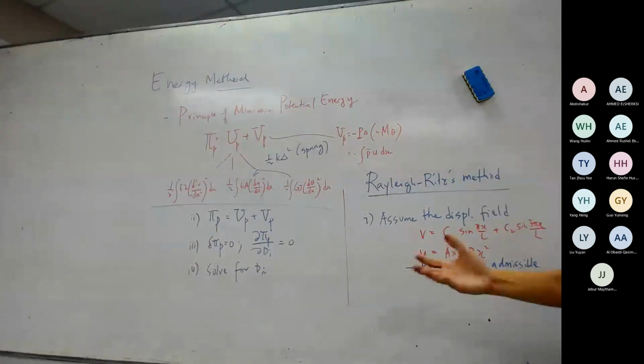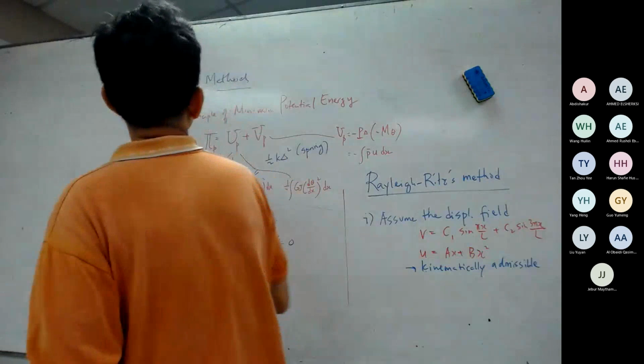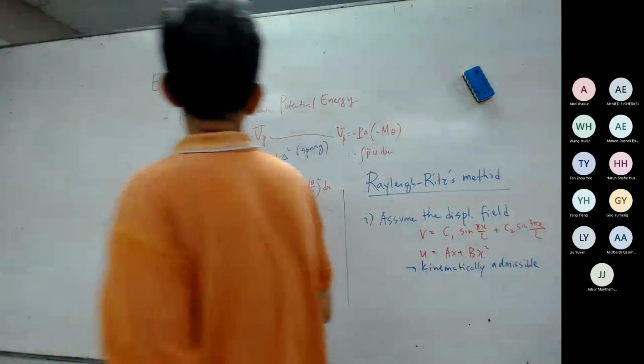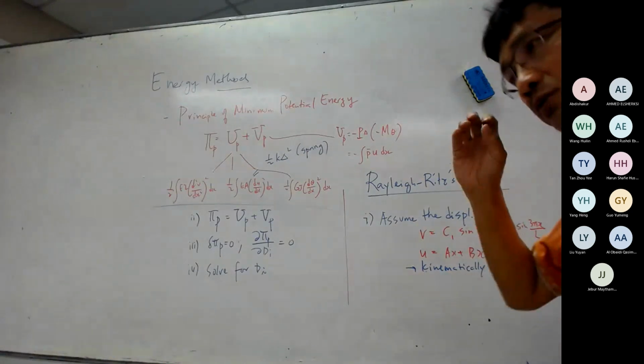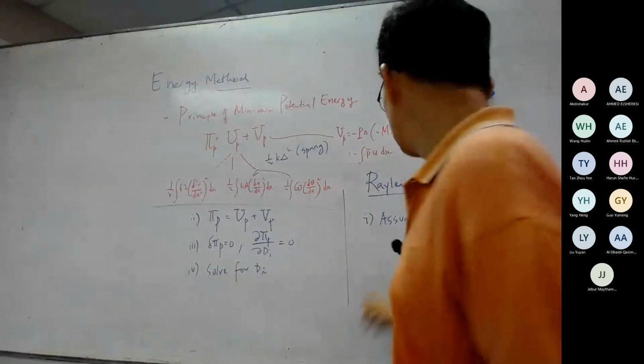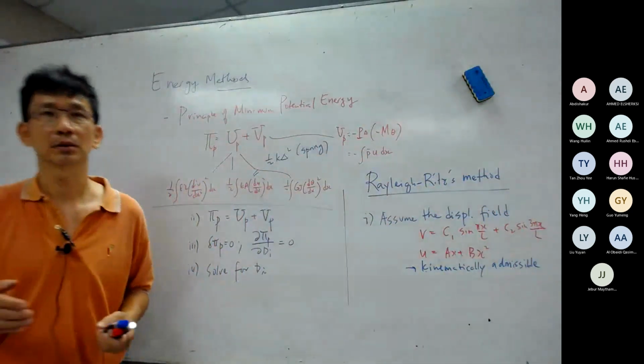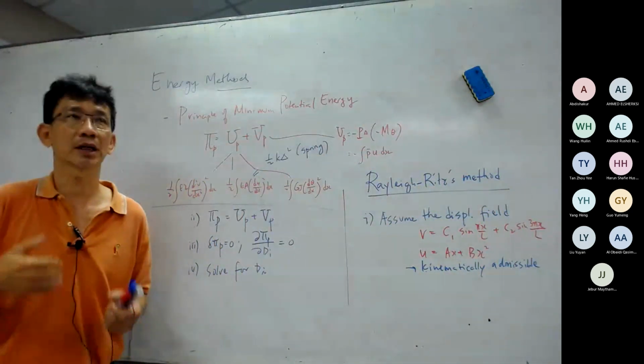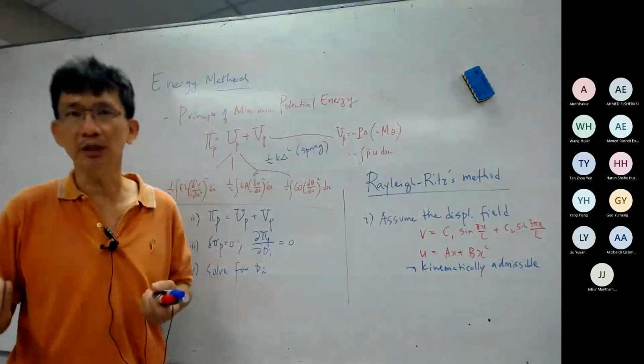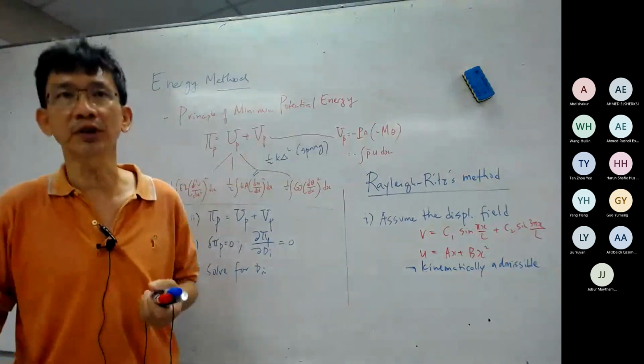So these are the basic things about the Rayleigh-Ritz method. If you are asked to use a particular displacement field which is already given to us, you have to use that displacement field. If it is not given to us and you are asked to solve it, then you can assume. If you're asked to assume a linear field, it is only one term.